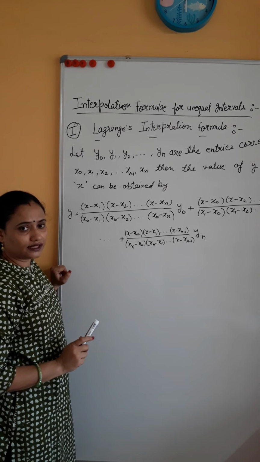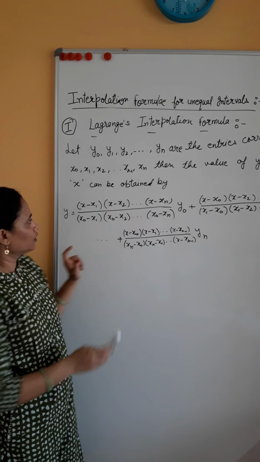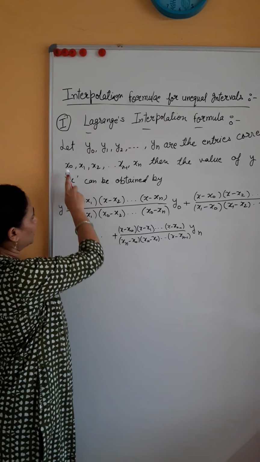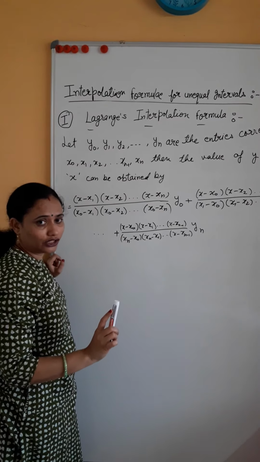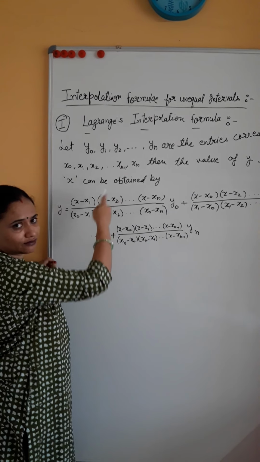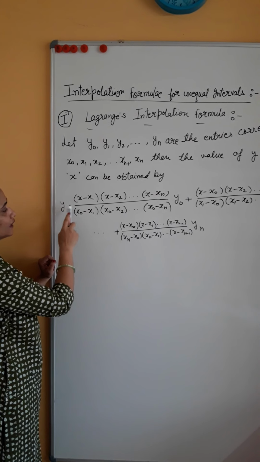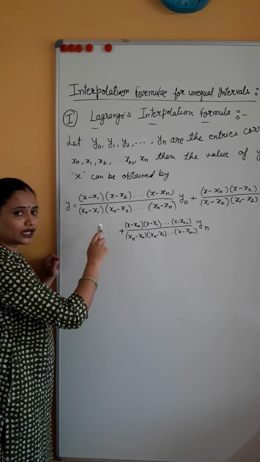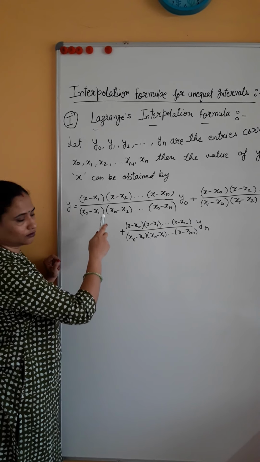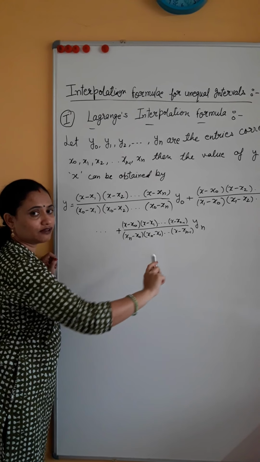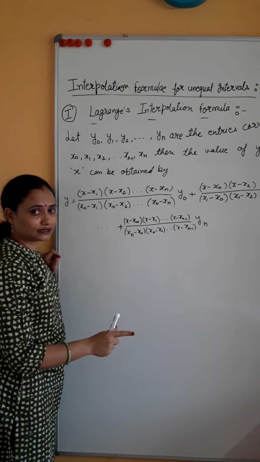Second thing, suppose I do not substitute any value of x here. The x0, x1, x2 up to xn and y0, y1 are all numerical values. If I don't substitute any value of x and simplify the right-hand side by multiplying all these brackets, I will get a polynomial in powers of x.